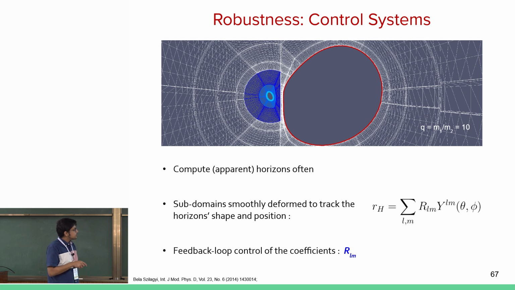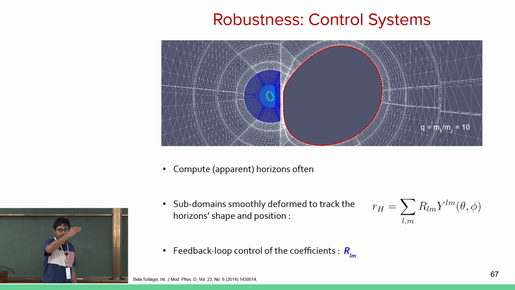Okay, and we need to track the black hole apparent horizons constantly during our simulations. We do so by, again, representing the shape of the horizon in spherical harmonics. In the initial data, we will solve this entire equation for the apparent horizon, the mathematical definition of the apparent horizon, and we'll solve for the r_lm coefficients.